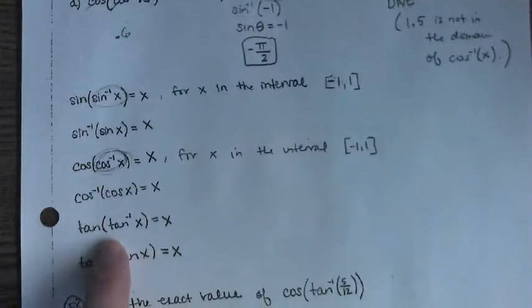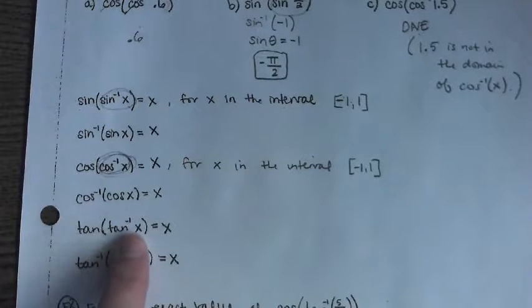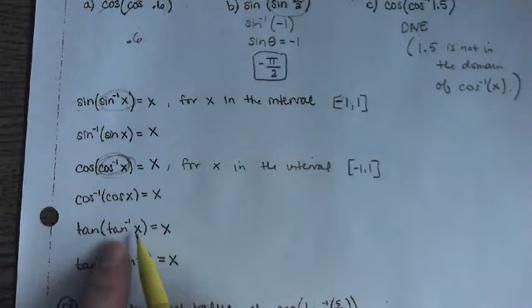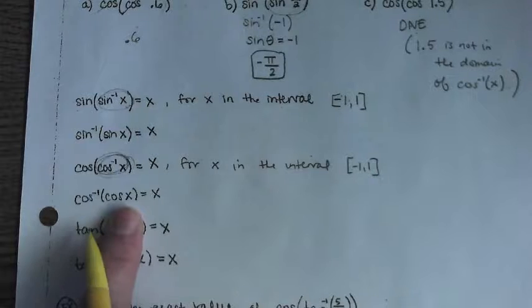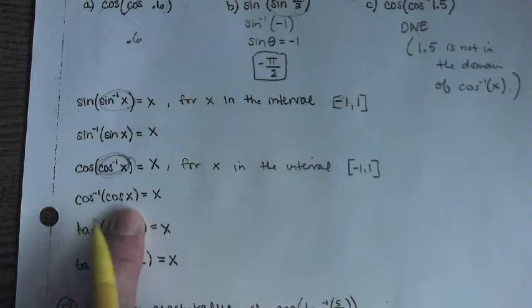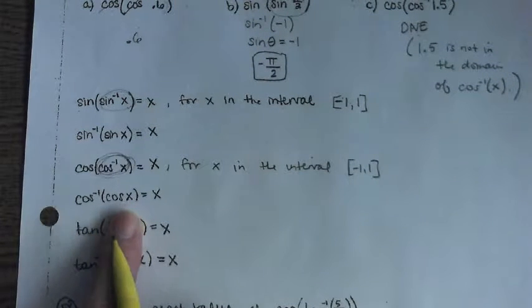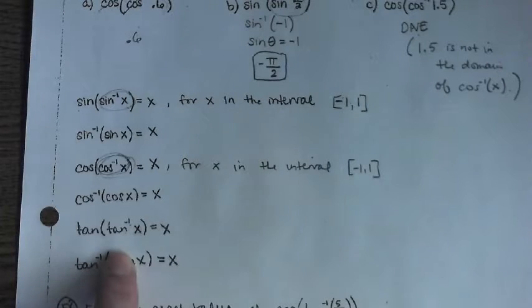So back to this tan of the tan inverse of x, since the inverse tangent of x has a domain that's completely unlimited, we can plug in anything. We're going to get some answer that's between negative pi over 2 and pi over 2. So then when we go to take the tangent of something between negative pi over 2 and pi over 2, we are going to get back what we started with.